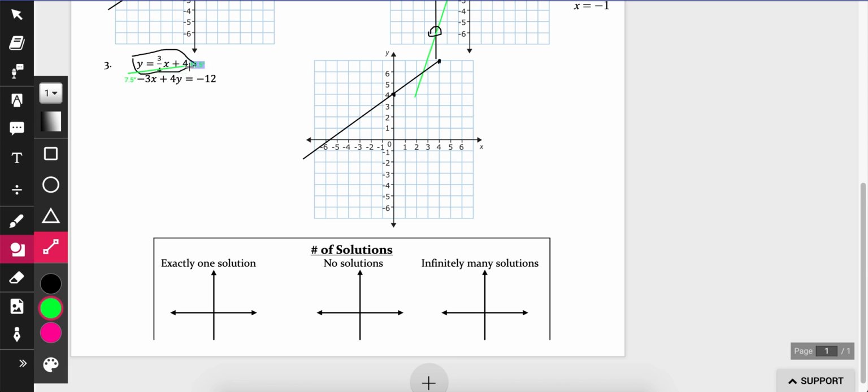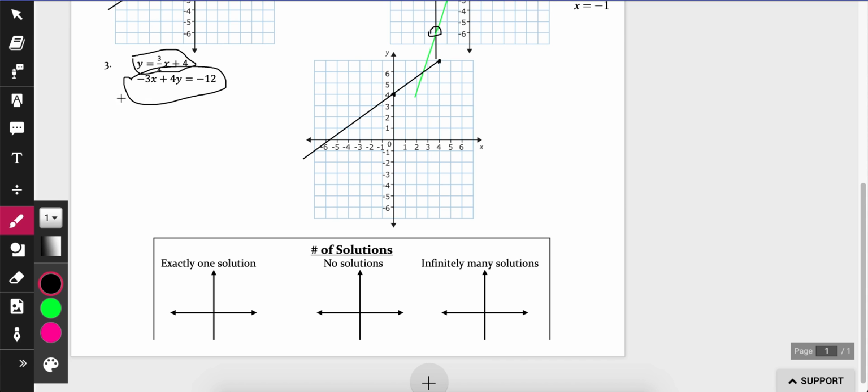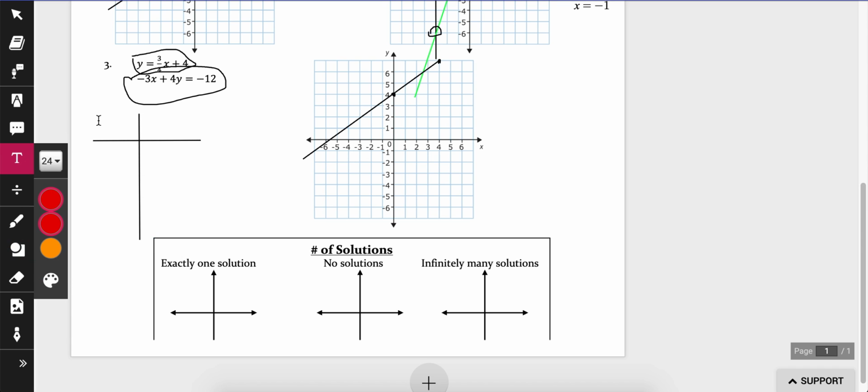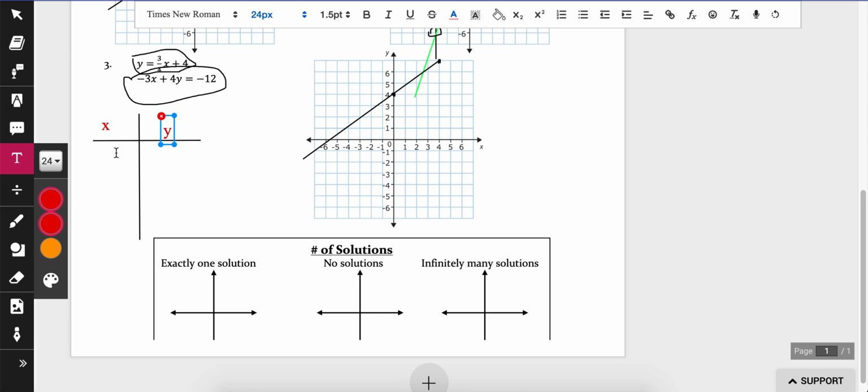My second line is in standard form, ax plus by equals c. The way I'm going to graph this line is by setting up a table of values again. Let's set that table up. I'm going to use that table of values to help me find the x-intercept and the y-intercept. We have a column for x, a column for y.